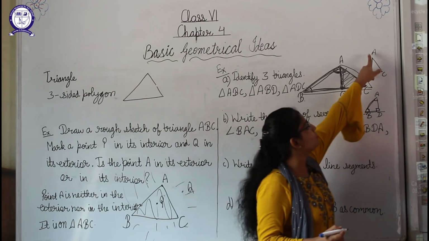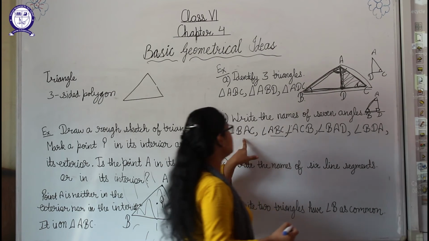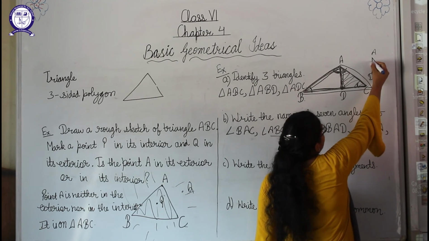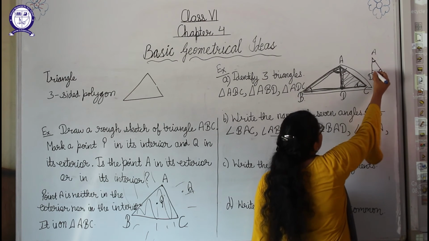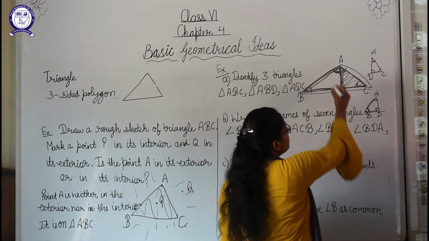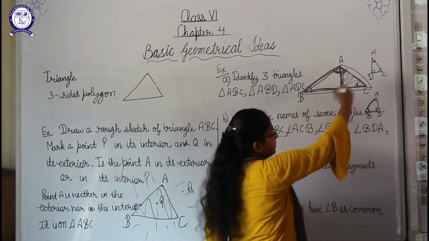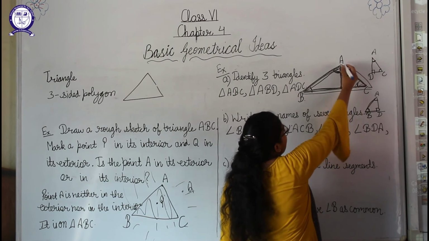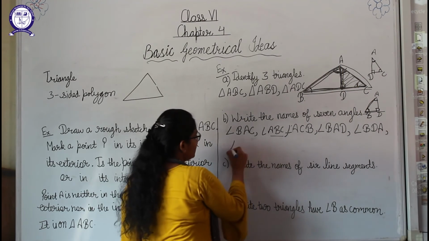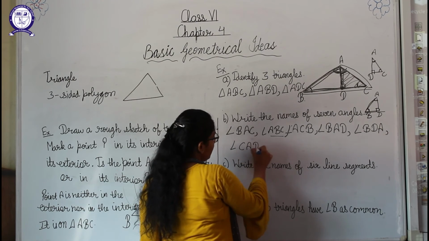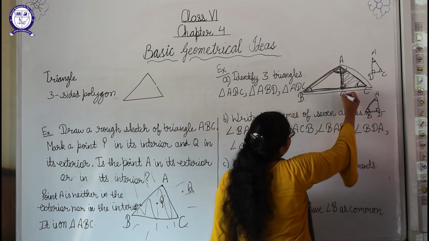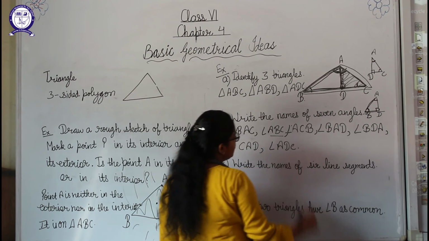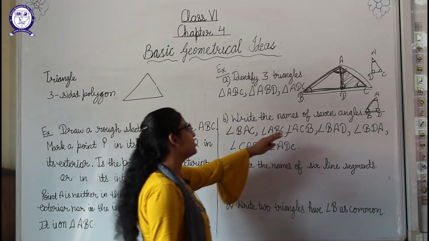This was ACB, which we have marked here, so we will skip this one. Now we will write the name of this angle and this angle. This smaller angle of A, this side angle of A, and this angle D. So CAD will be the angle CAD, and this will be ADC. So angle ADC. So students, these are the 7 angles in this figure.